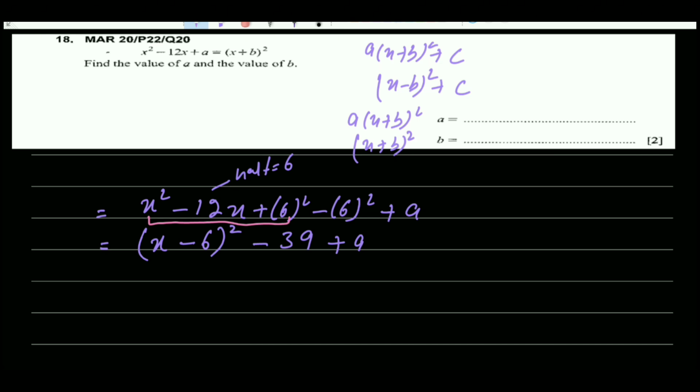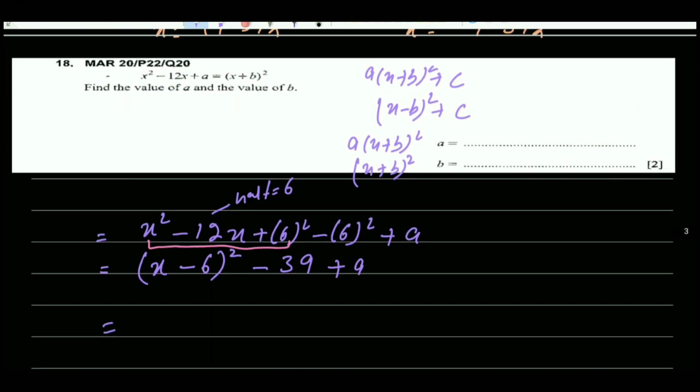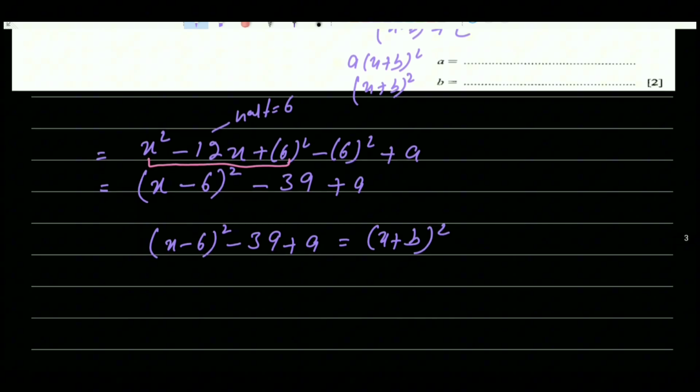Now we will compare it with x plus b whole square. So we write x minus 6 whole square minus 36 plus a is equal to x plus b whole square.